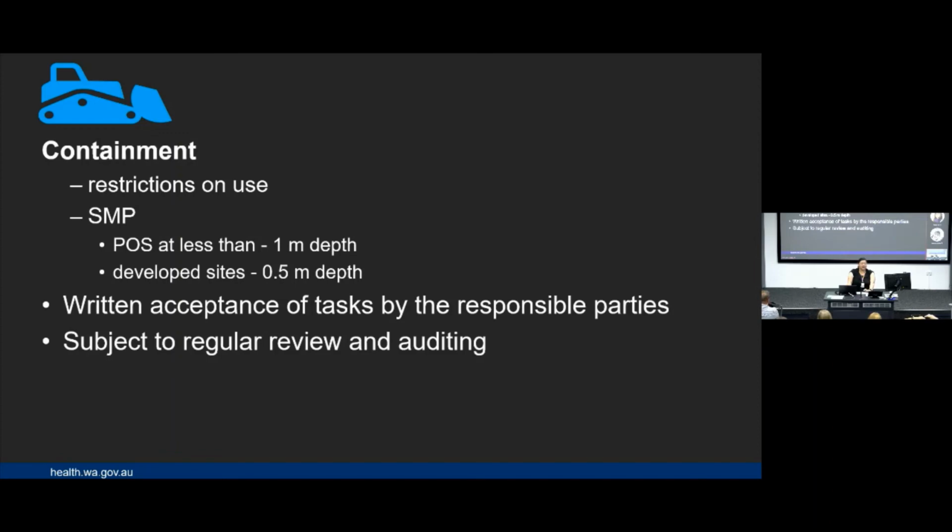So that's our clue, that sign off that you've actually communicated with the stakeholder and they're now aware of the obligations they have in order to prevent exposure to asbestos. So that's really important to us to see that.